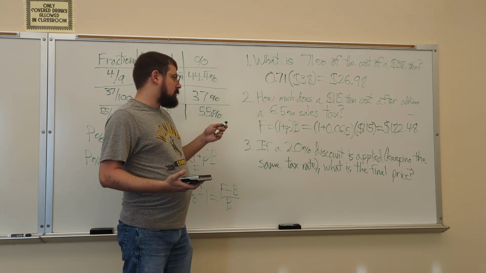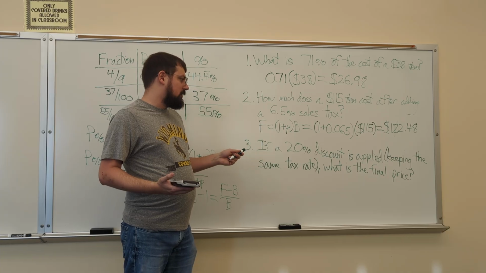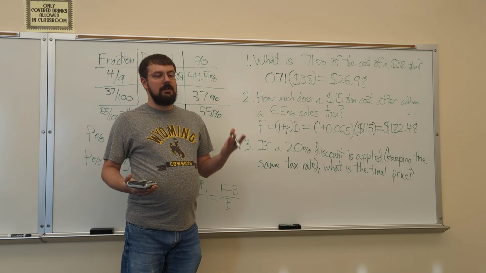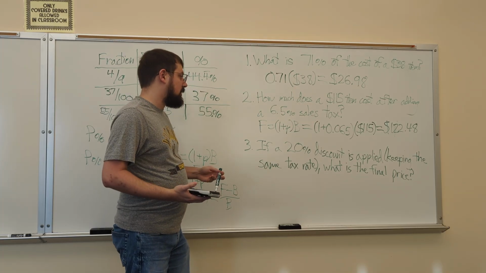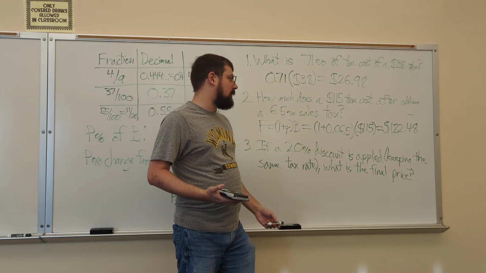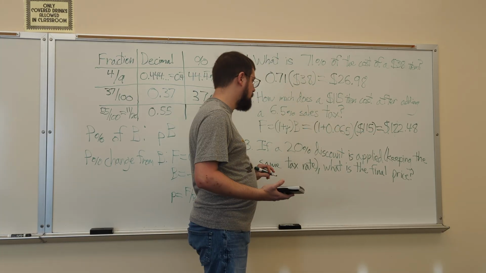Last one, if a 20% discount is applied, keeping the same tax rate, what's our final price? So in this case, we have a percent decrease. So you can think of this 20% discount as a 20% decrease in the price from what we just calculated, basically.